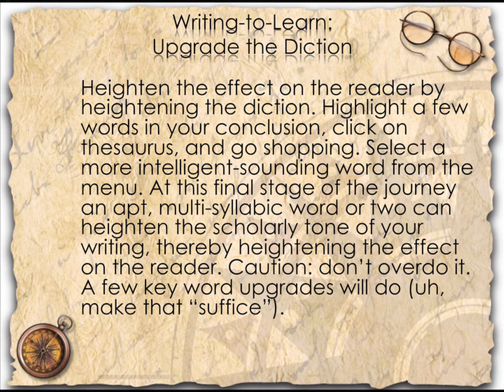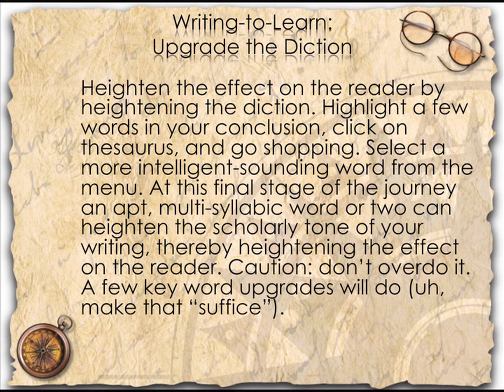Let's talk about some of these ways of heightening the effect on the reader, for example, by heightening the diction. Simply highlight a few words of your concluding paragraph, click on the thesaurus, and a menu will drop down, and simply go shopping and choose a more intelligent sounding multisyllabic word.